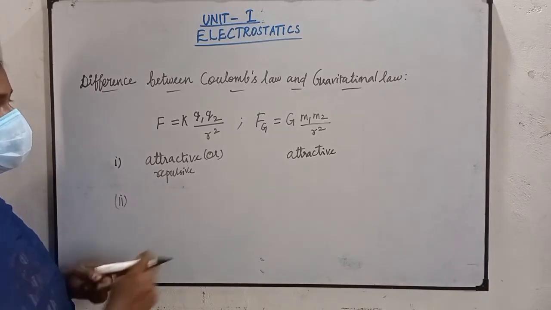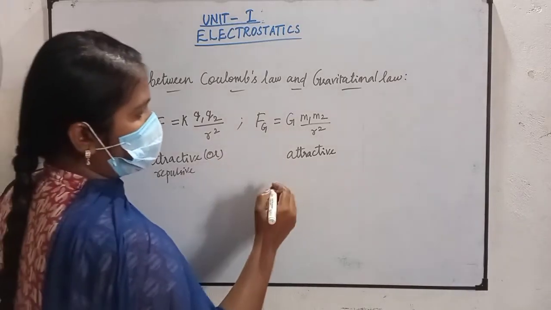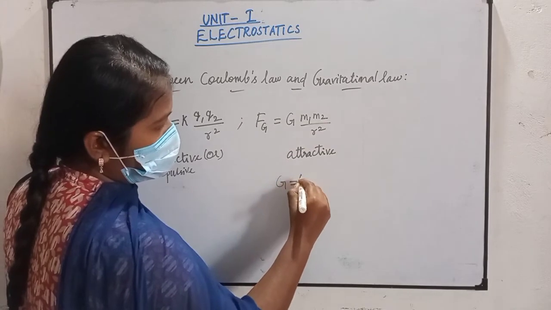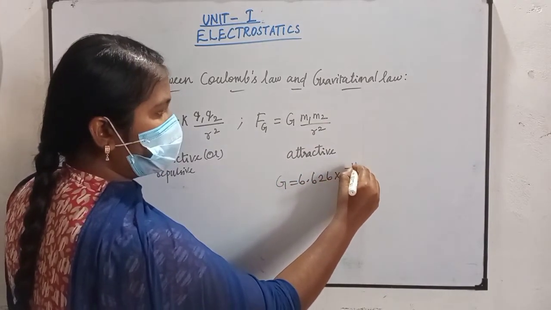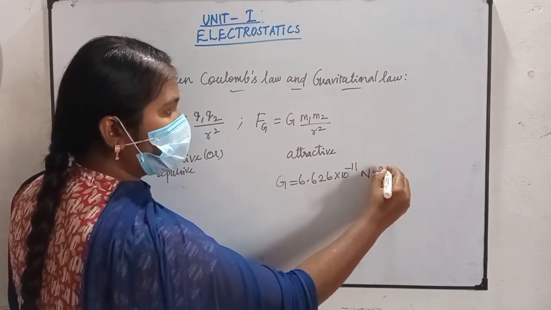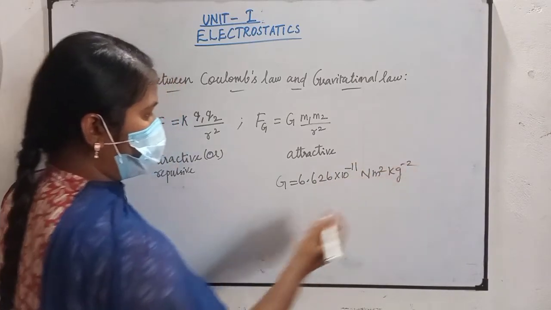The next one is the constant values. The gravitational constant G is equal to 6.626 × 10^-11 N m²/kg².